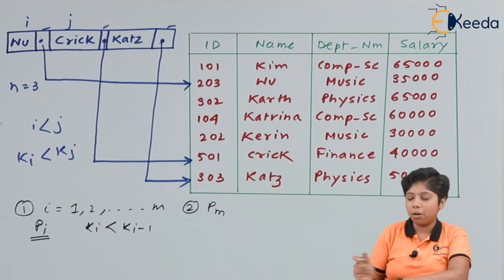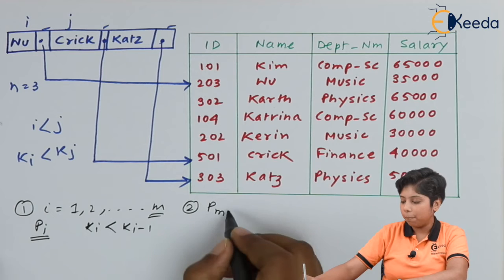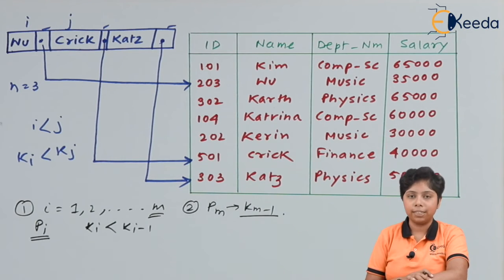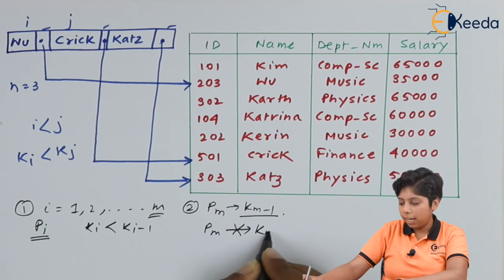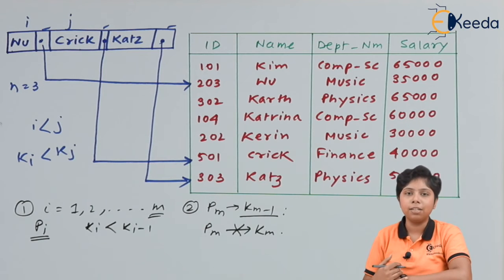Now if we are talking about the last pointer in a leaf node, Pm, then it can point to the maximum of Km minus 1, not more than that. Pm cannot point to Km, but it can point to Km minus 1 at most. So if there is any Km field that we want to add to the B plus tree, we have to make another subpart or leaf node for it.